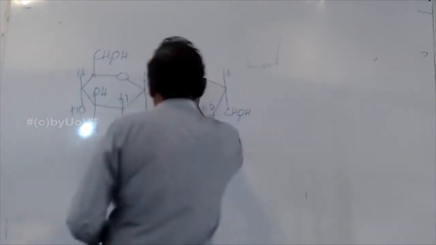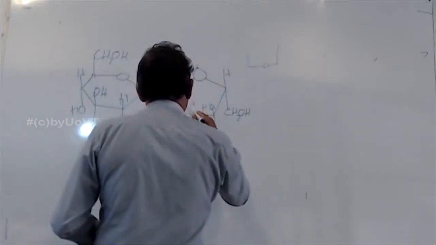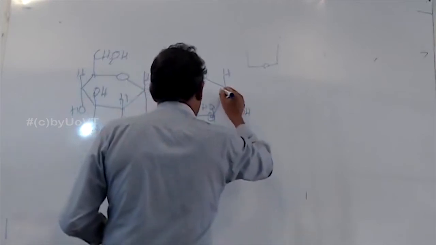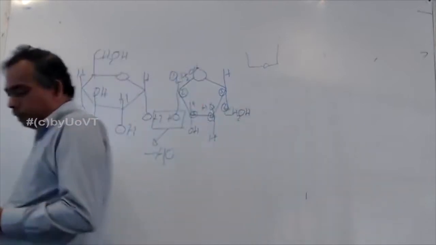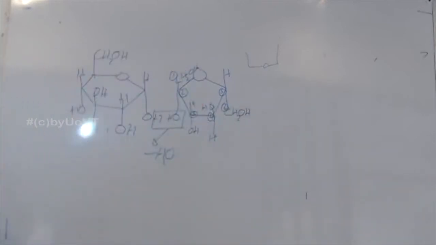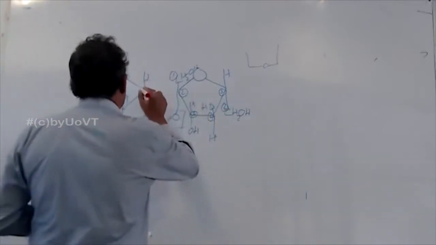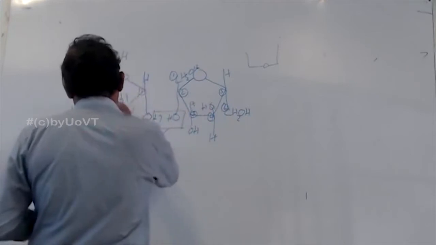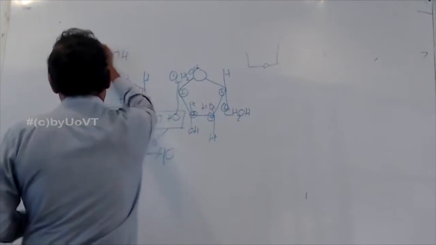Carbon number 1, 2, 3, 4, 5, 6, and numbering this one again, 1, 2, 3, 4, 5, and 6.